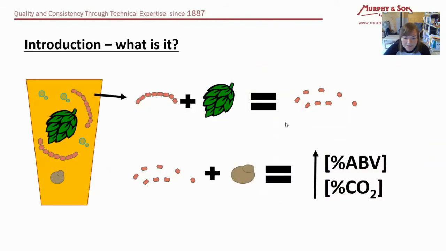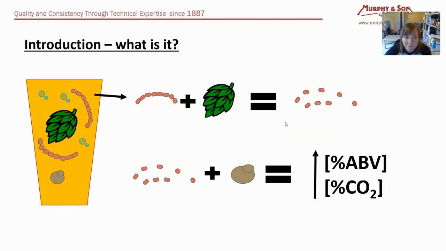So firstly, just an introduction as to what it is for anyone who doesn't know. It's essentially the re-fermentation of a finished or packaged beer. This occurrence is brought on by high dosage rates of dry hopping, which in turn provides trace amounts of fermentable sugars back into your beer.